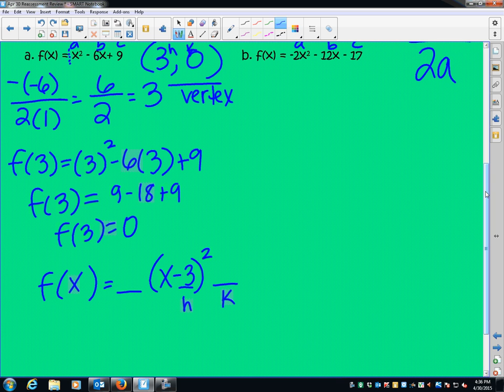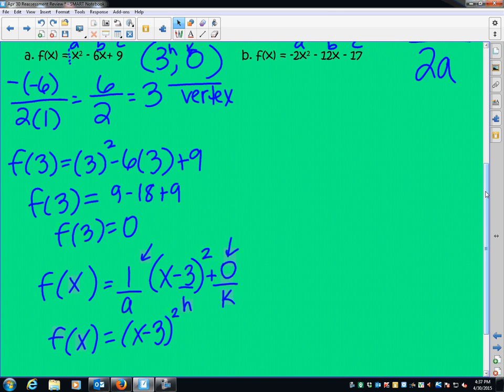So if it's a positive, it's going to be a negative when you plug it in, and then plus 0, and then the number that goes here is the a. The a from the beginning was 1. Now we can clean this up to make it look the best. You do not need the 1 here, you do not need the 0 here, so our final answer would just be x minus 3 squared.